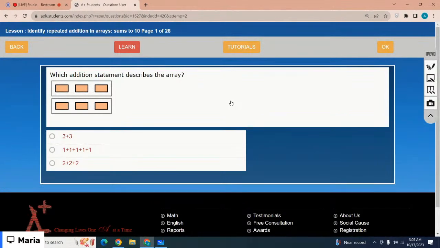You can see you are given 2 rows, and in each row you have 3 rectangles. So the correct option is 3 plus 3. Option number 1 is the correct option.